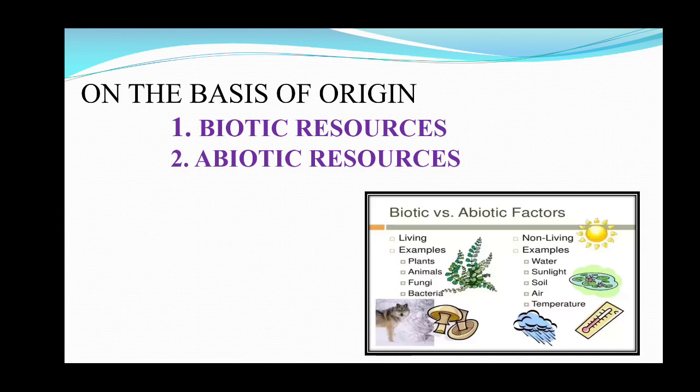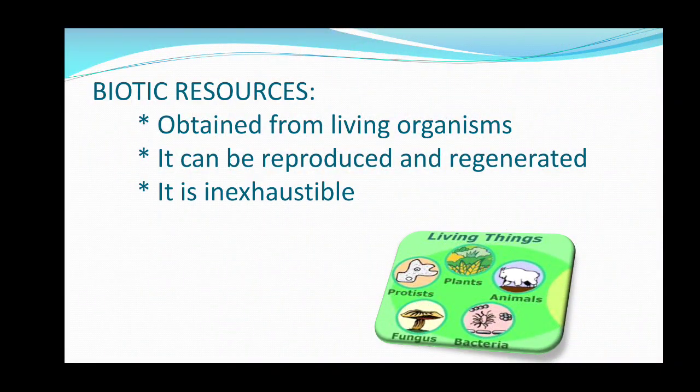Biotic resources and abiotic resources are not similar in all ways. Now, first we will see biotic resources. These substances are obtained from living organisms, for example, animals, birds, fishes, and other marine organisms, and they can produce, reproduce, and regenerate.